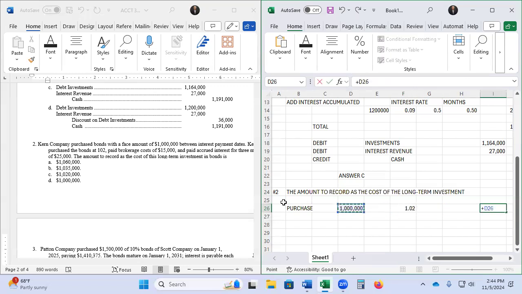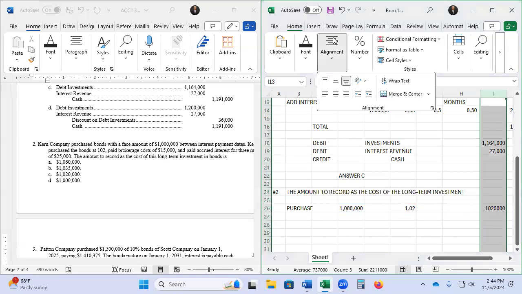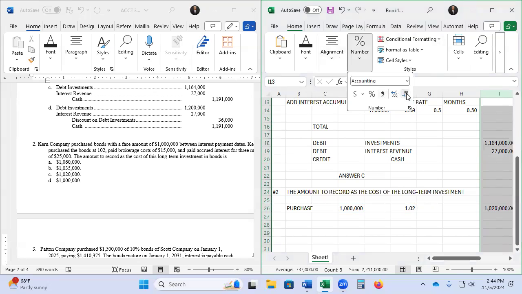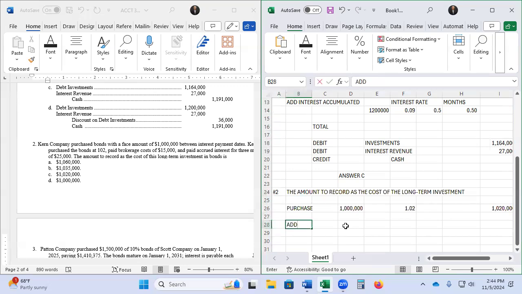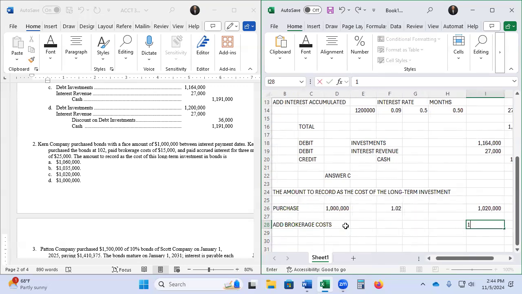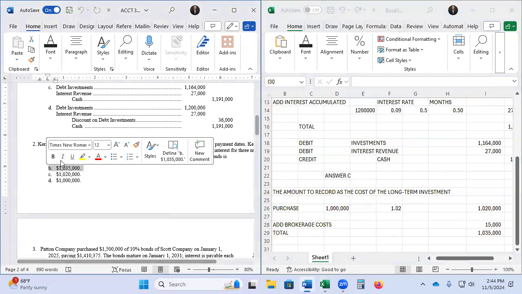And so our price is going to be $1,020,000. And then we're gonna add the brokerage costs. And those are 15,000. And so our total is going to be 1,035,000, so letter B.